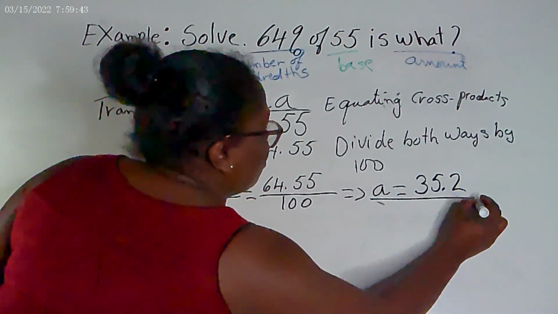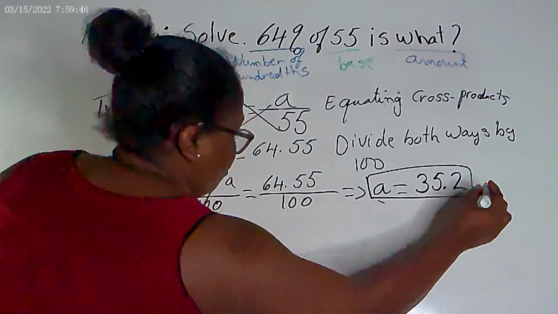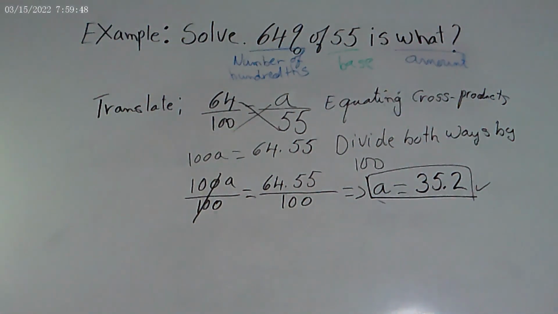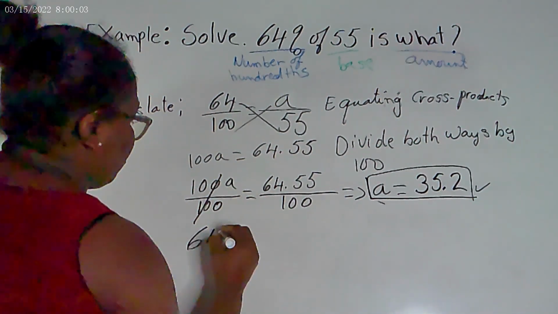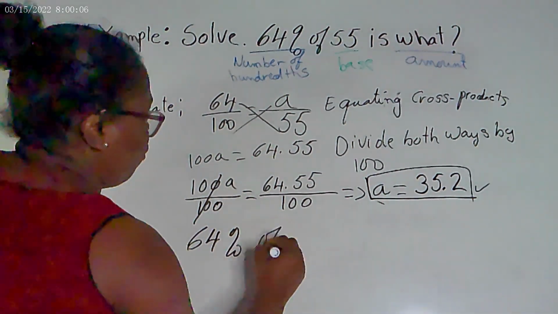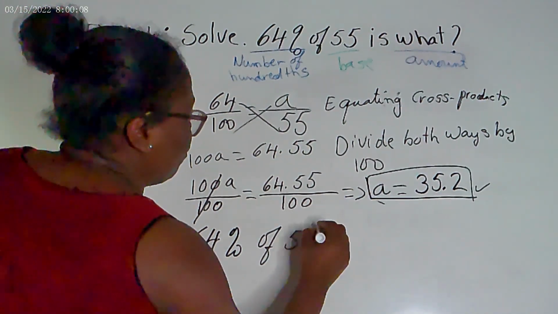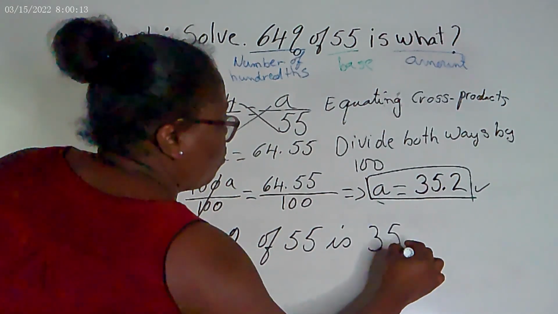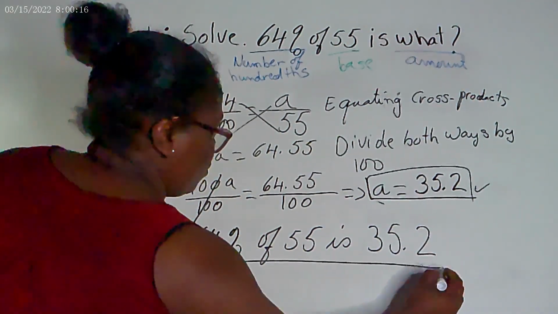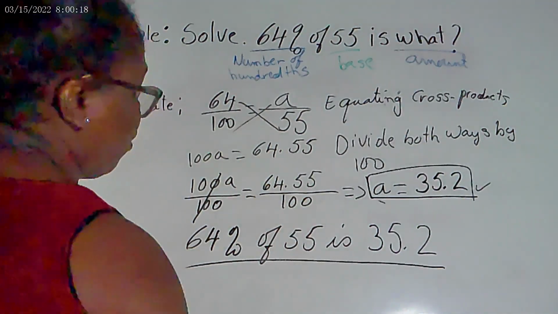That is the amount. So now 64% of 55 is 35.2. That is the correct answer.